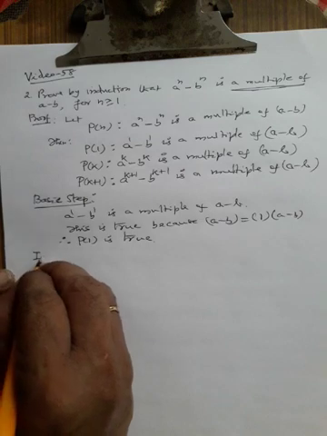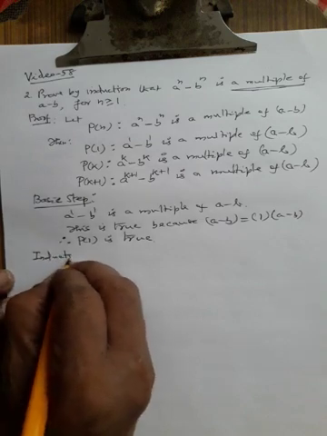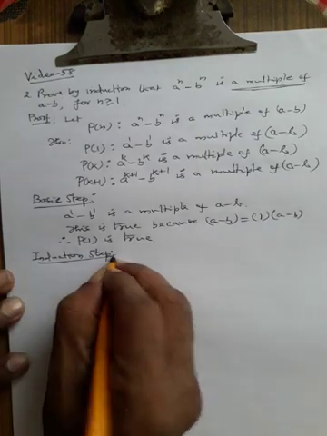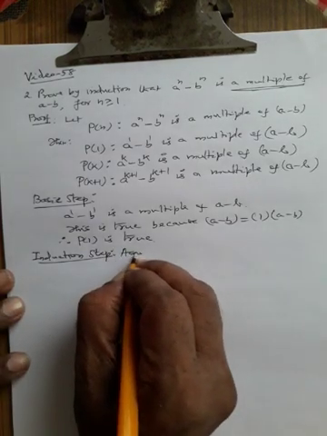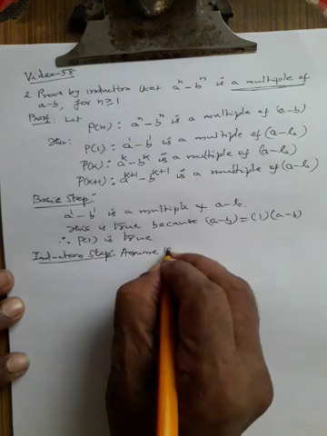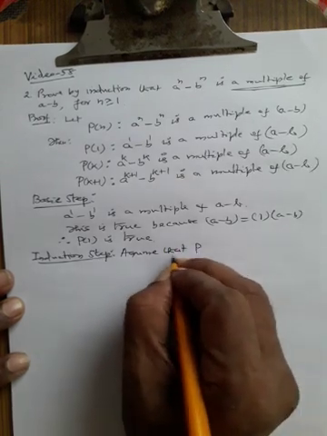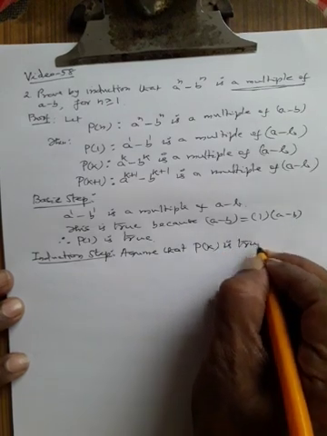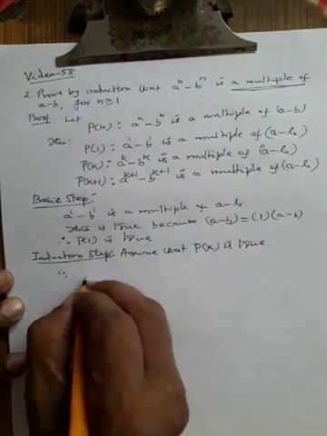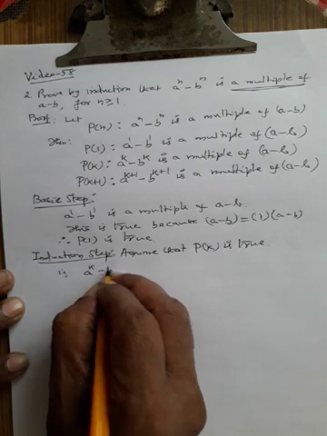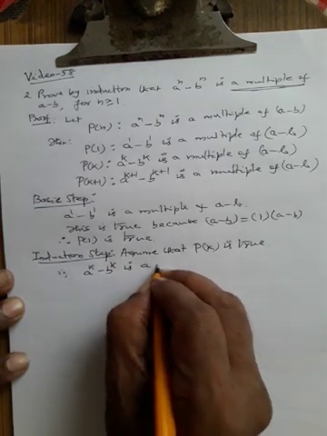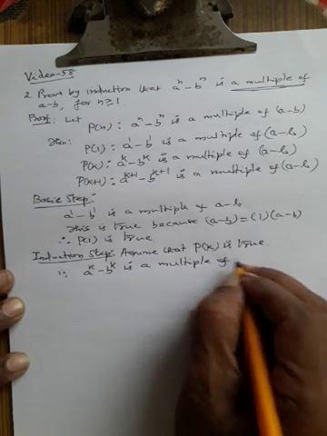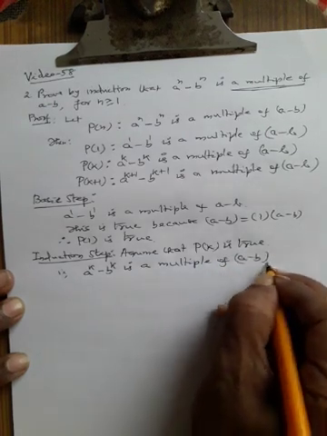Induction step. Assume that P of k is true. That is, a power k minus b power k is a multiple of a minus b.